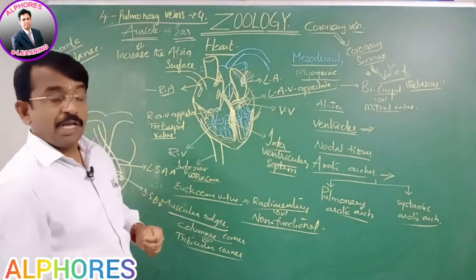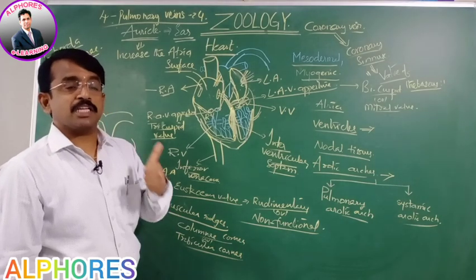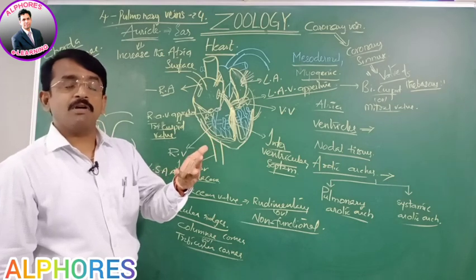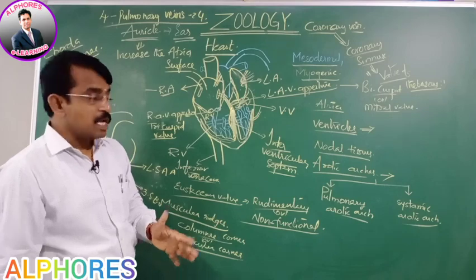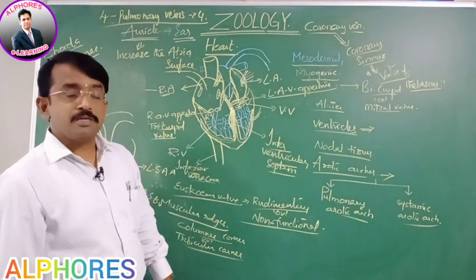If you are asked to list the valves: bicuspid, tricuspid, systemic, pulmonary, valve of Thebesius and eustachian. Of all these, the eustachian valve is rudimentary or non-functional in the adult stage.